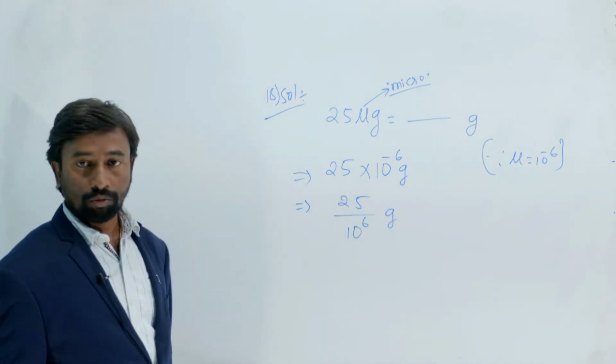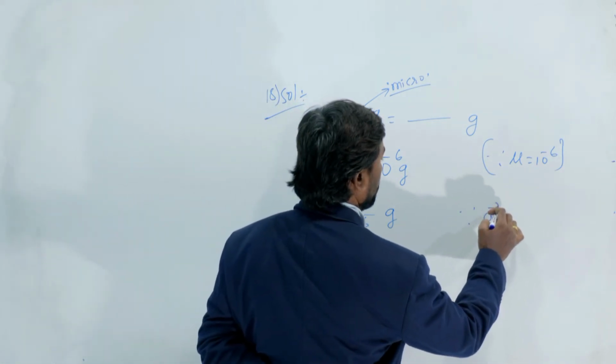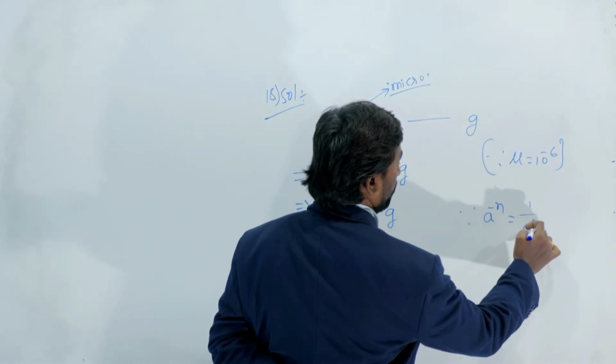25 divided by 10 to the power of 6. So a power minus n is equal to 1 by a power n.